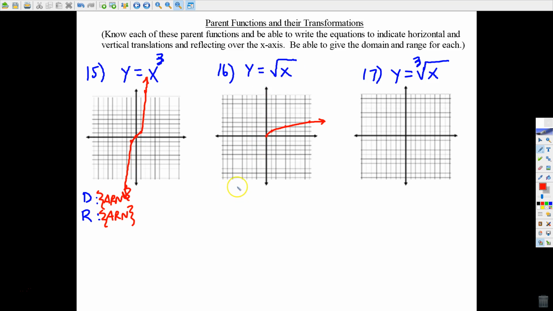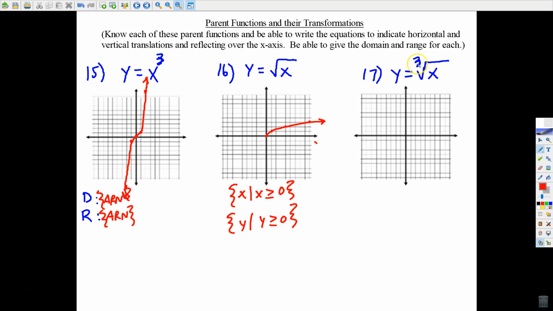I'll just state it like this, x that are greater than or equal to 0. And that's also going to be true for the y's, because notice for this parent, the y's do not extend below 0. They go from 0, and then they're going to continue to go upward as x goes to positive infinity.